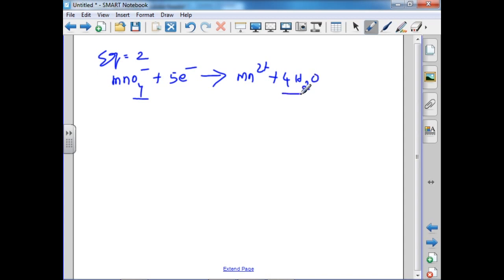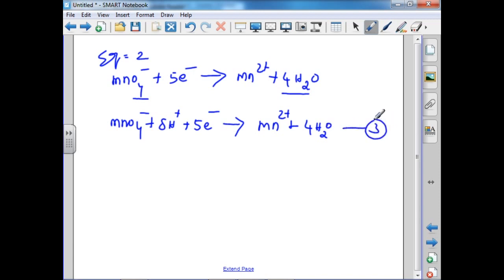Now there are 8 hydrogen atoms on the product side, so we add 8 H+ on the reactant side. So the second equation changes to MnO4- plus 8H+ plus 5 electrons gives Mn2+ plus 4H2O. This is equation number 3.